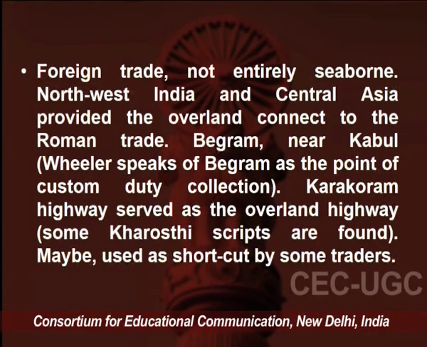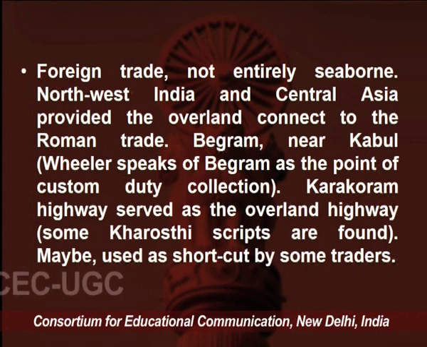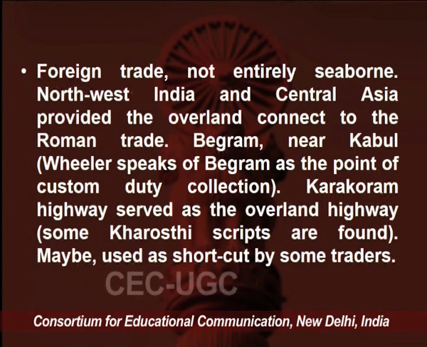So, the Karakoram highway probably served as the overland highway. Some Kharoshthi scripts have been found from this area, the Karakoram highway. Even today, whatever parleys are held between India, China, Pakistan, they speak of the importance of the Karakoram area, and every country wants to have some access to this, because it is a highway from where so many things can be looked at.